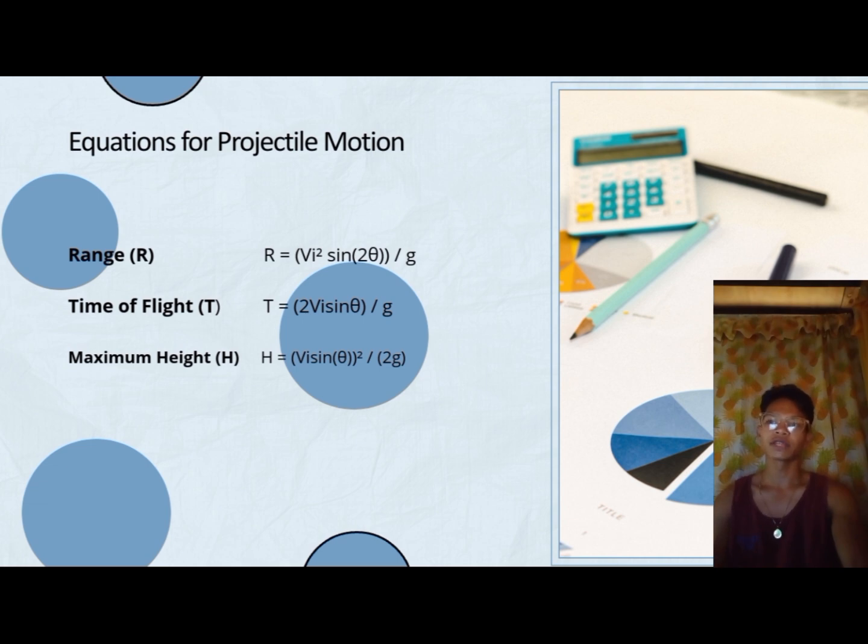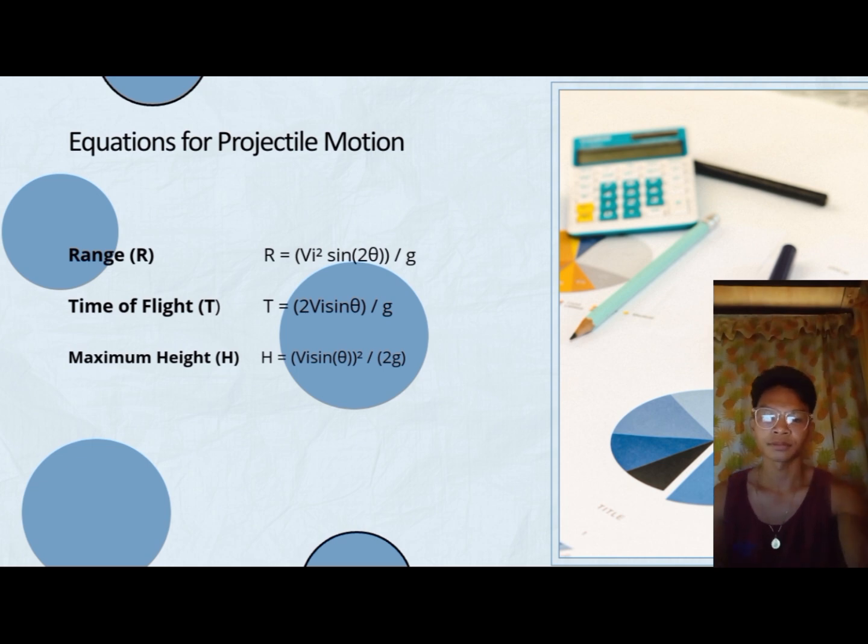For the equation of time of flight, T equals 2 times initial velocity times sine of launch angle, over acceleration due to gravity. And the equation for maximum height is H equals initial velocity times sine of launch angle, squared, over 2 times acceleration due to gravity.